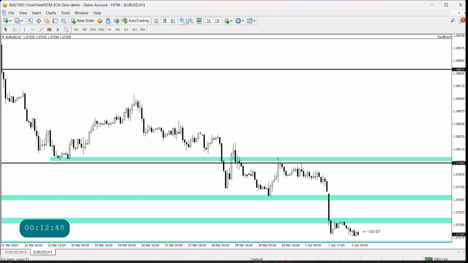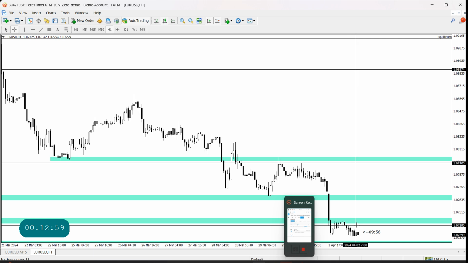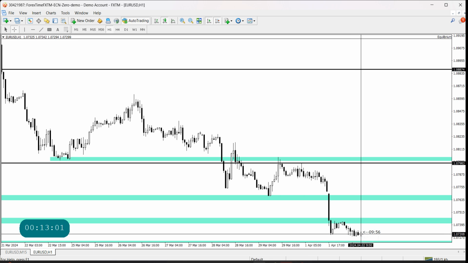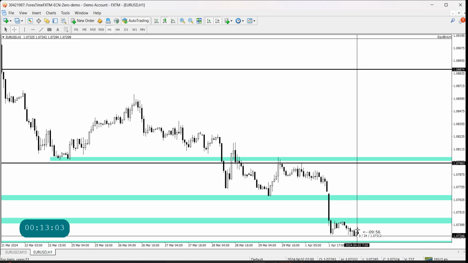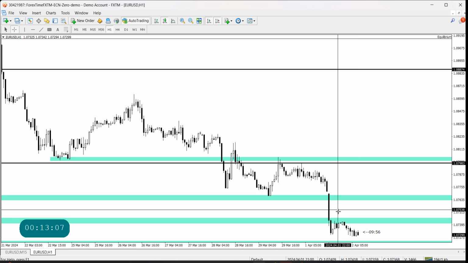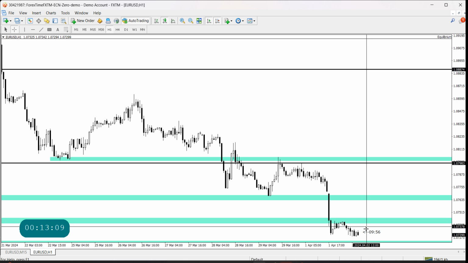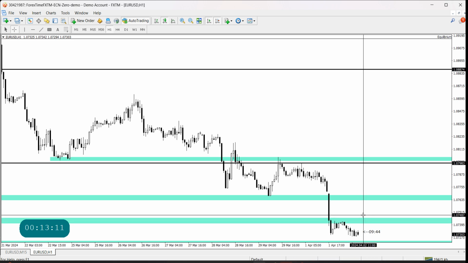Pull back here, and after the break, we're looking for a bullish move to get to this side, because none of that has happened. Oh, it has happened in the 4 hour, but it has not happened in the daily. That is my concern. So let's just leave it at that.